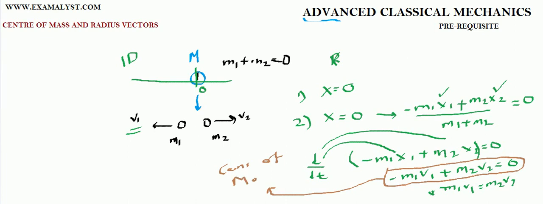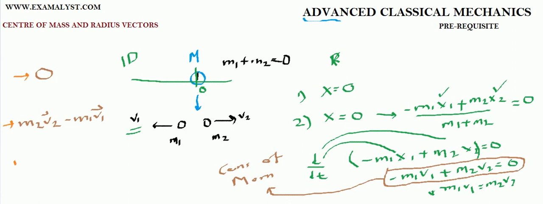So forget center of mass here. Let us do the momentum. What was the initial momentum? The initial momentum is 0. What is the final momentum? Final momentum is m2 v2 minus m1 v1, because the directions of the v2 and v1 vectors are opposite to each other, and by the law of conservation of momentum, the initial momentum of the system and the final momentum of the system will be the same.